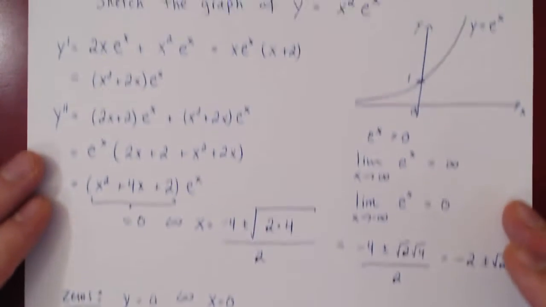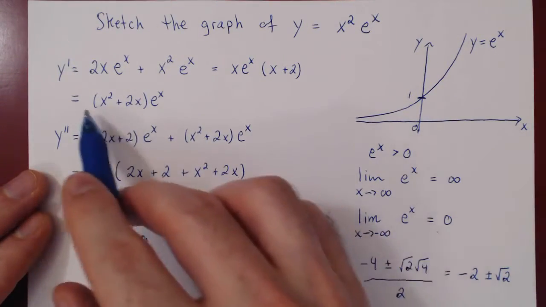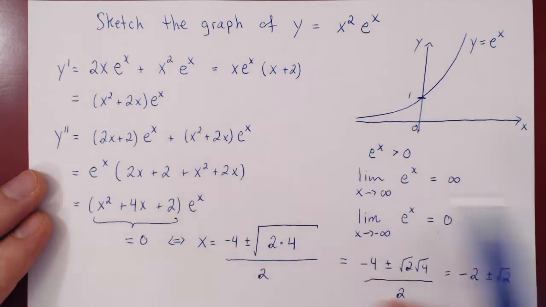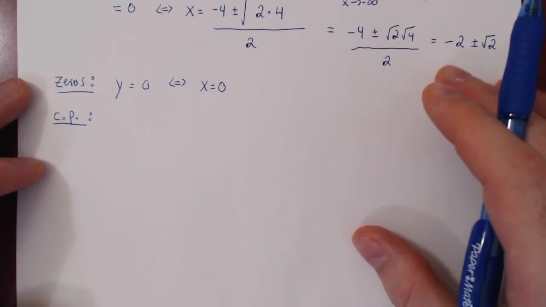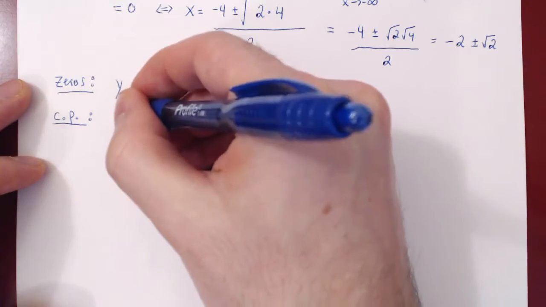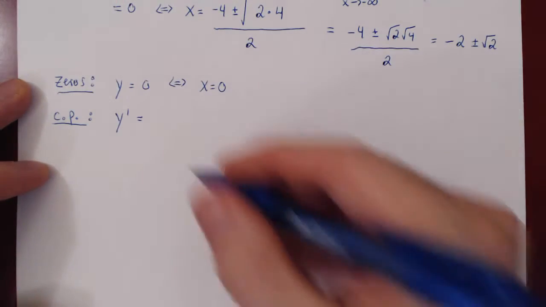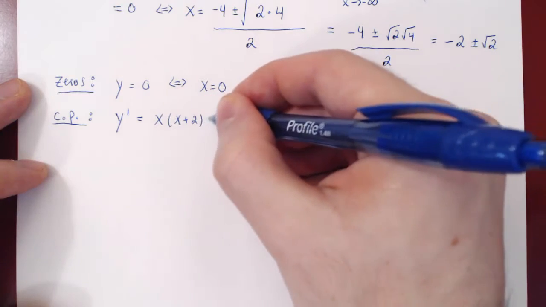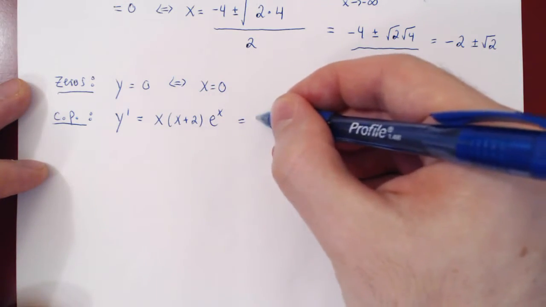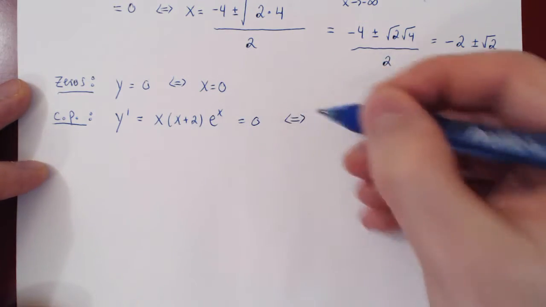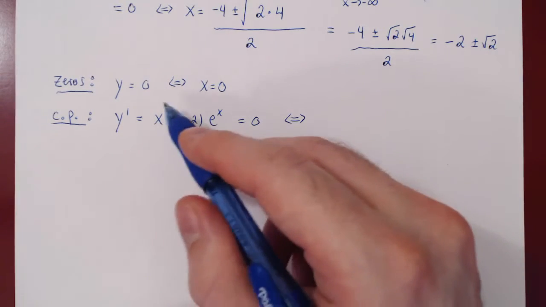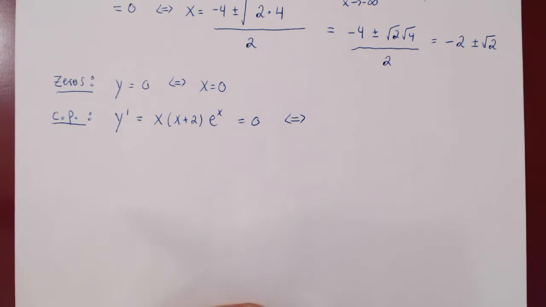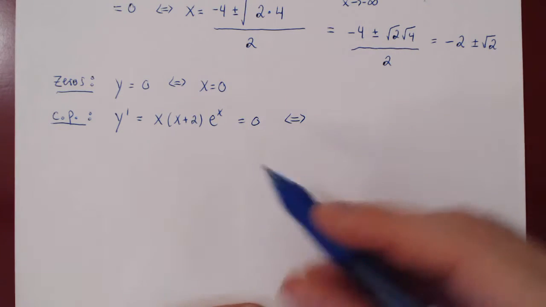As we have said, the derivative is always defined. So the only way to have a critical point is if the derivative is equal to 0. Well, the derivative y prime is equal to, in its factored form, x times (x plus 2) times e to the x, and this will be 0 if and only if, again, we have a product, and a product is 0 if one of the factors is equal to 0.